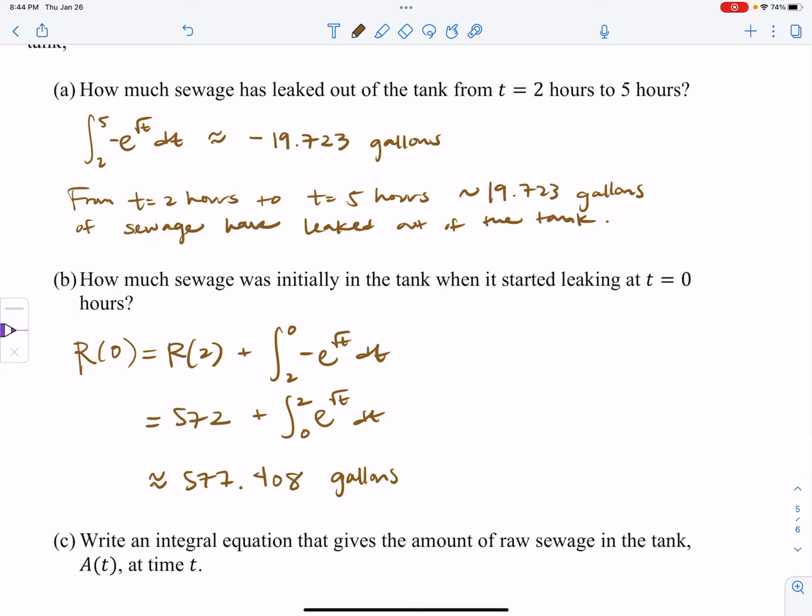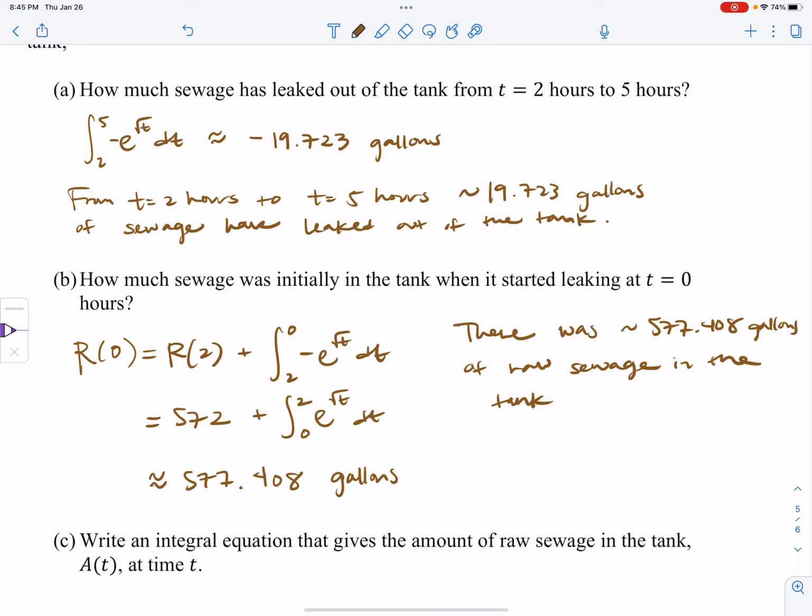So there was approximately 577.408 gallons of raw sewage in the tank at T equals 0 hours.